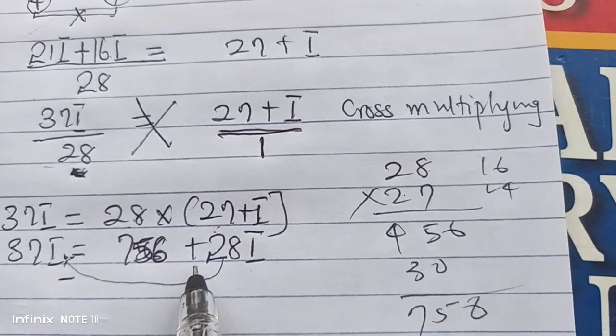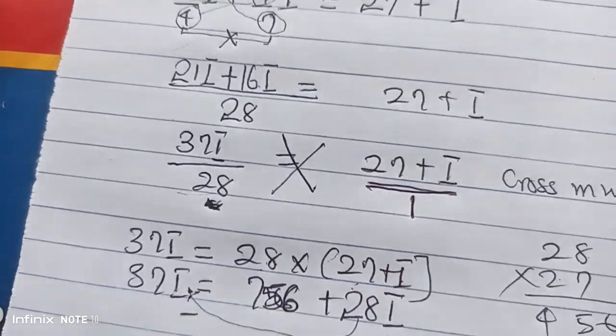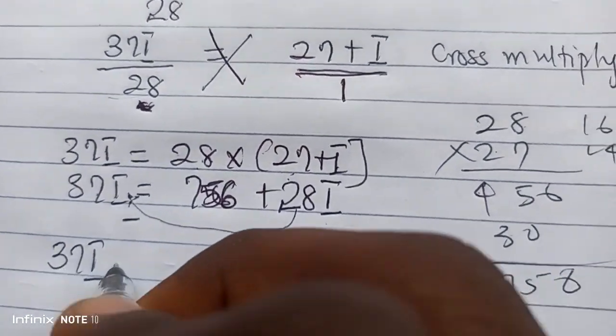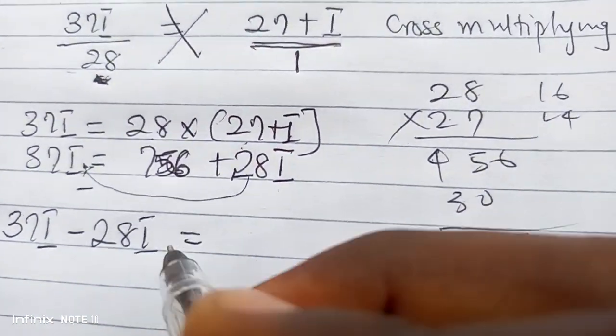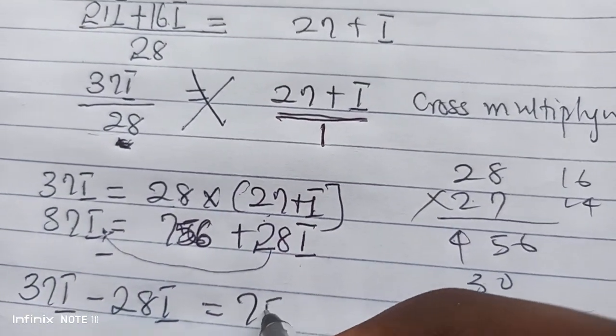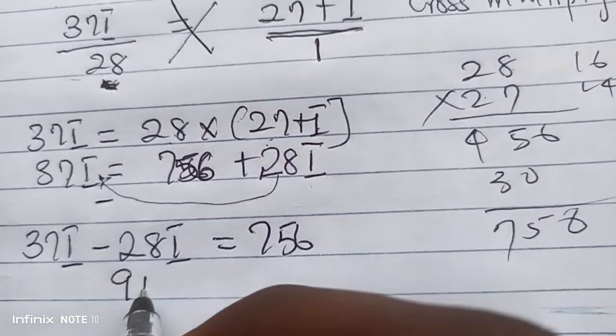Although before it was plus, if you cross it, the sign becomes negative. So that's why we are going to have 37i minus 28i is equal to 756. If this one leaves this place, it will remain 756.